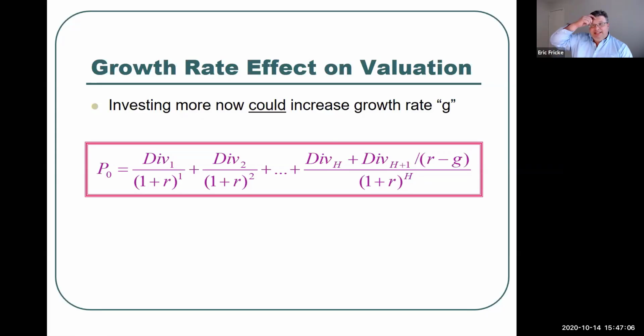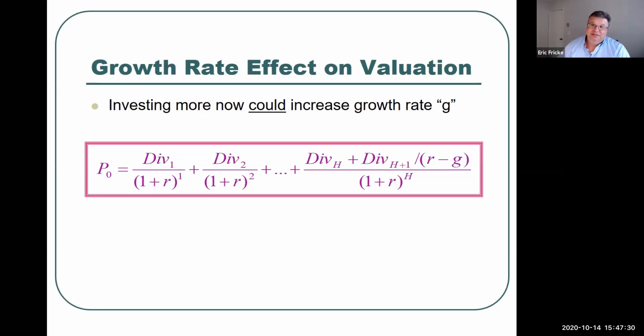And what we did on Monday is, in place of the stock price P right here at the very end, we put in that Gordon growth model, which was the dividend the following year, H plus 1. Time H is the end of our forecast, so the dividend at time H is the final dividend.